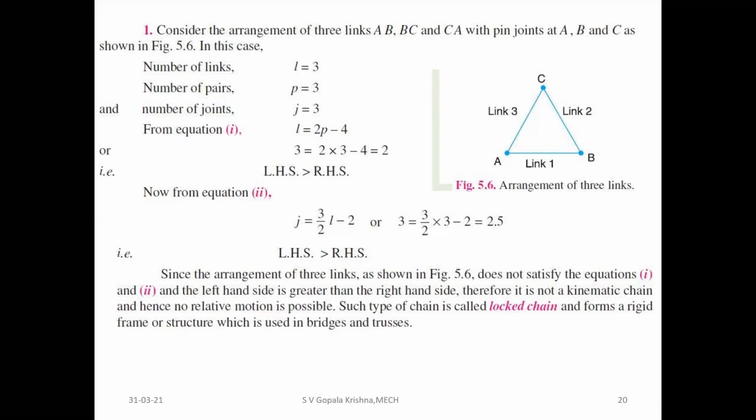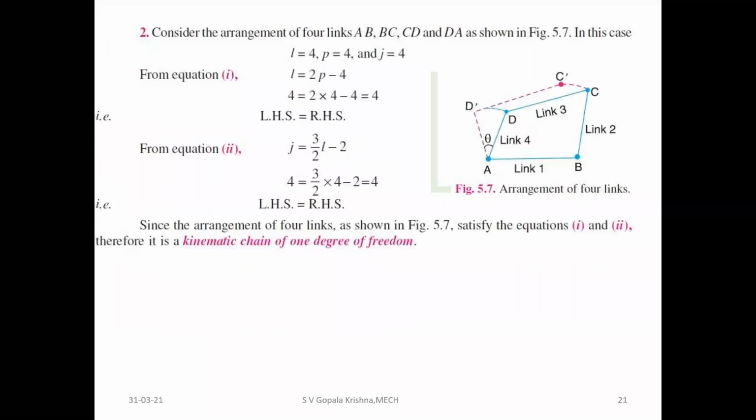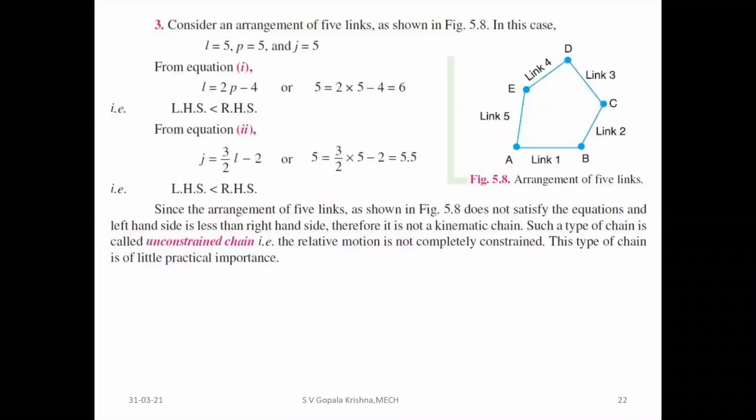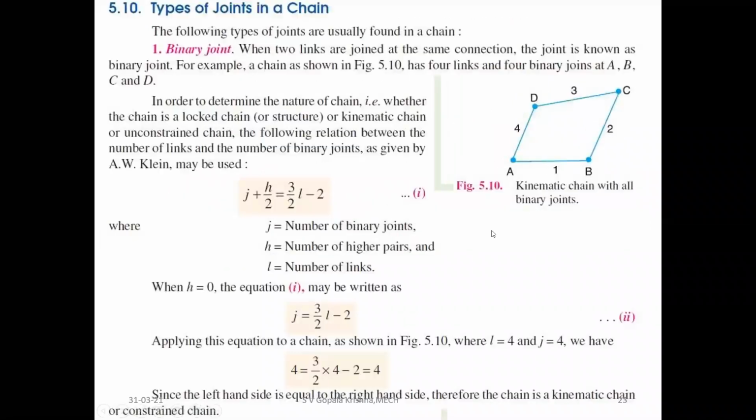Second, when LHS equals RHS, the kinematic chain has 1 degree of freedom. And when LHS is less than RHS, the chain is an unconstrained or incompletely constrained chain. Those are the types of chains.